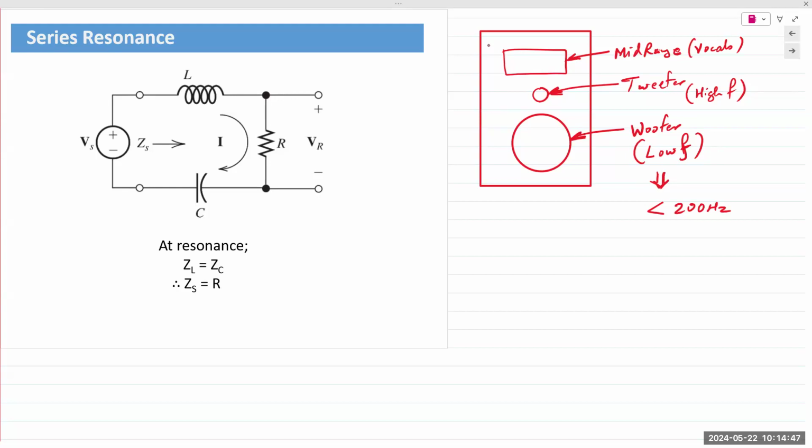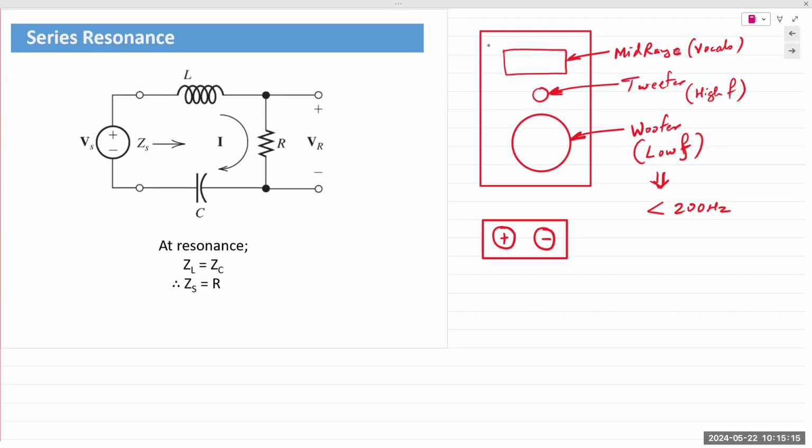So as I was saying, you have three different speaker drivers, but if you look at the back panel of any kind of loudspeaker, you would only see two connectors. That's it. And one cable going into the two connectors, plus and minus, obviously. If you look at the speakers that are installed here, they're embedded inside the walls.